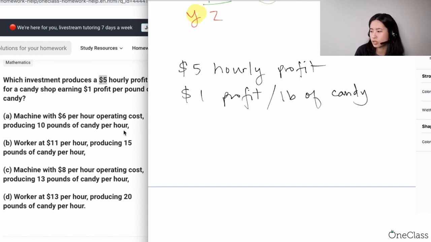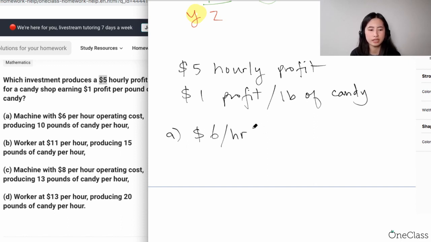Okay, so for the first option, we have A. It says machine with $6 per hour operating costs, and this is basically producing 10 pounds. So LBS is pounds of candy per hour.